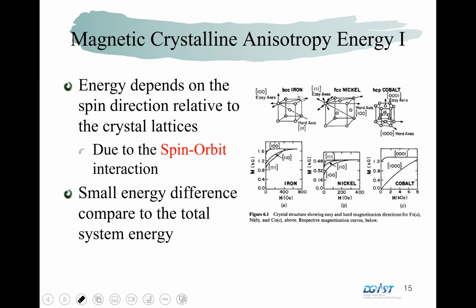Polycrystal means the spin direction of each grain is different, right? Even though they form the crystal structure inside the very small grains, if you take a large scope, the crystal direction is almost random.